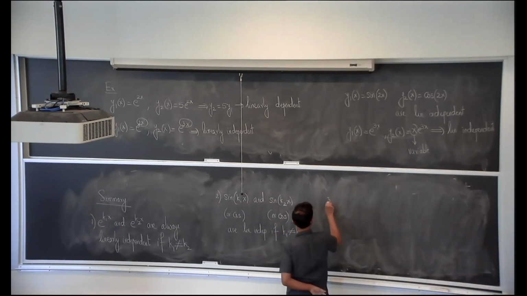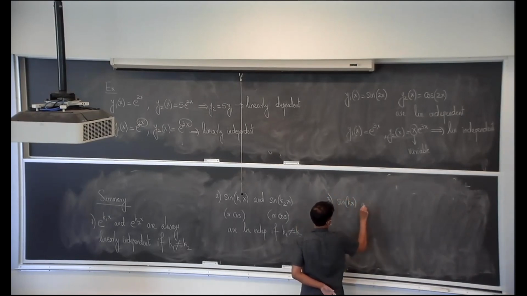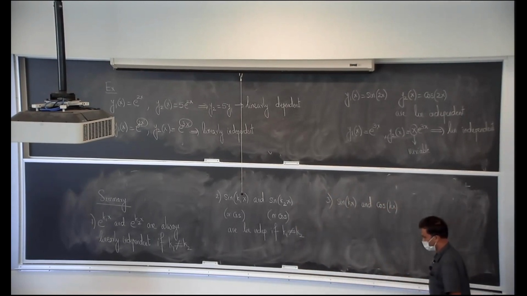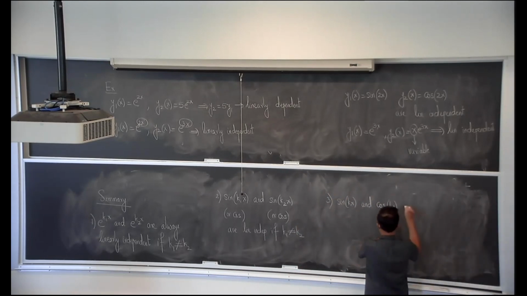Number 3, sine of kx and cosine of kx are always linearly independent, because those are two different functions. I don't have to even tell you that they are independent.